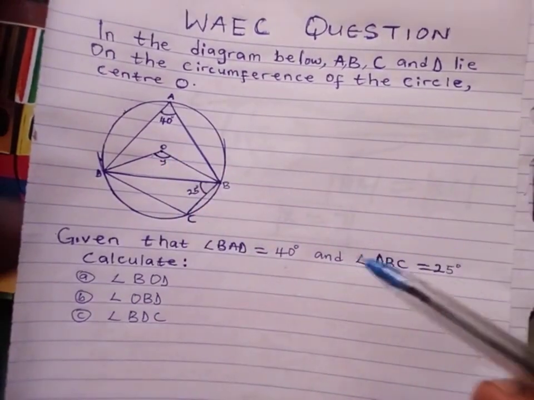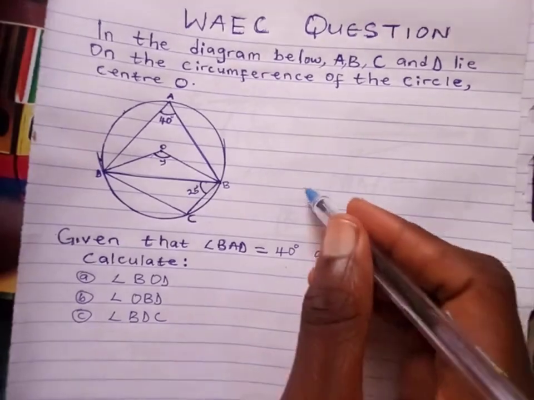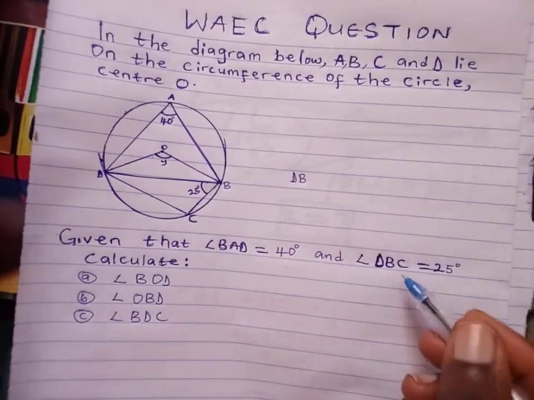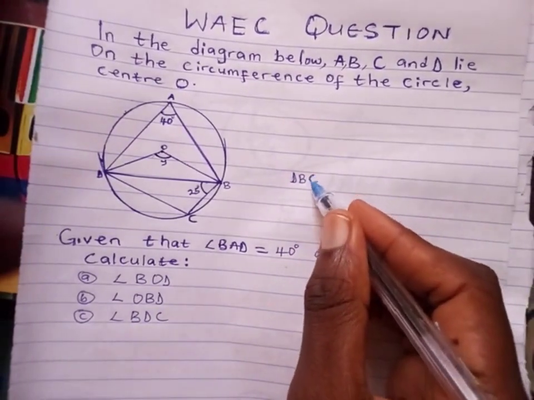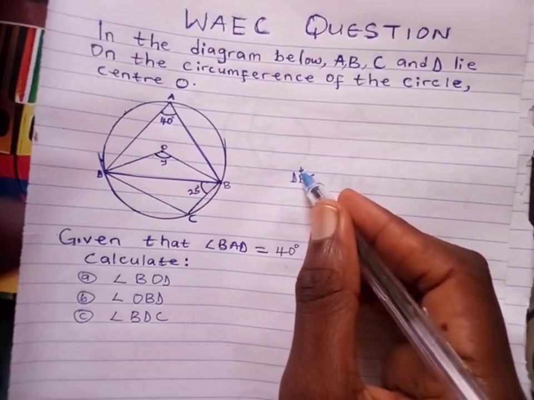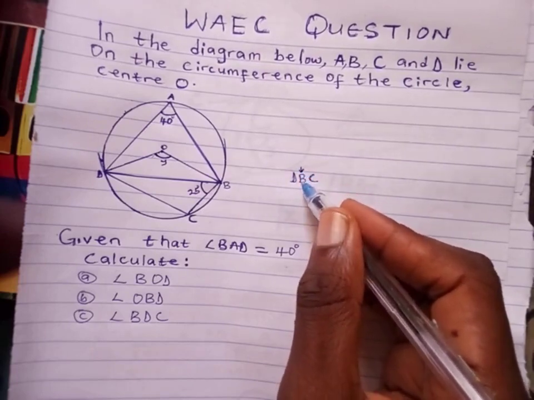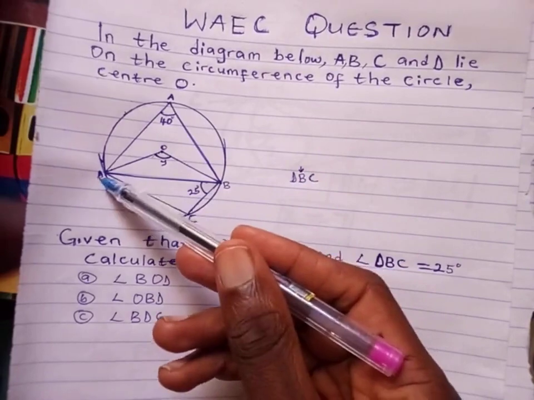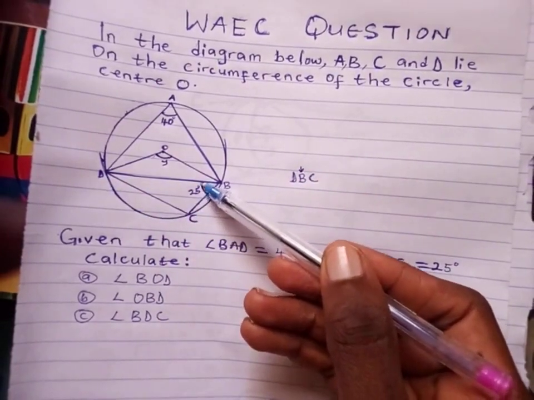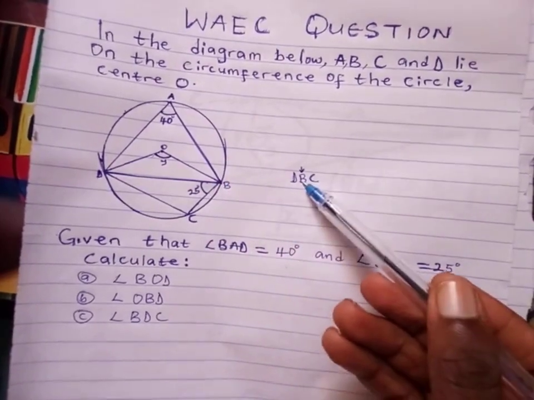Now I want you to take note of something: whenever you're asked to find an angle like we have here, DBC, always take note that the angle will fall at the letter that is in the middle. Look at here, we have DBC. So the angle is falling at point B, that is the one in the middle.